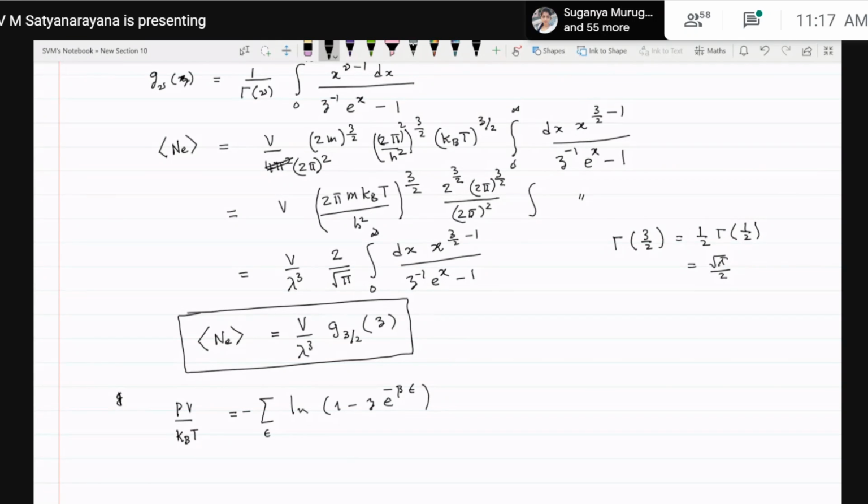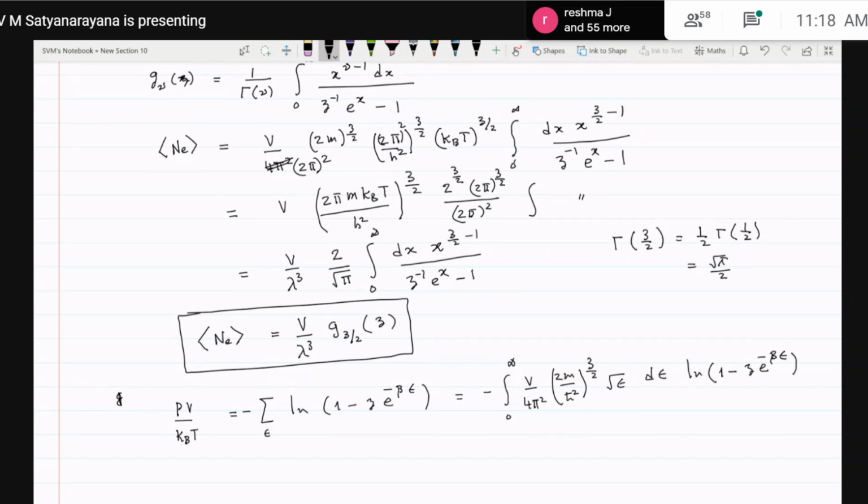Okay, so this can be written as minus integral 0 to infinity, where you have the same density of states, 3 by 4 pi square, twice m by h bar square to the power 3 by 2, and root of epsilon d epsilon, which is the density of states, into the logarithm of 1 minus z e to the minus beta epsilon.